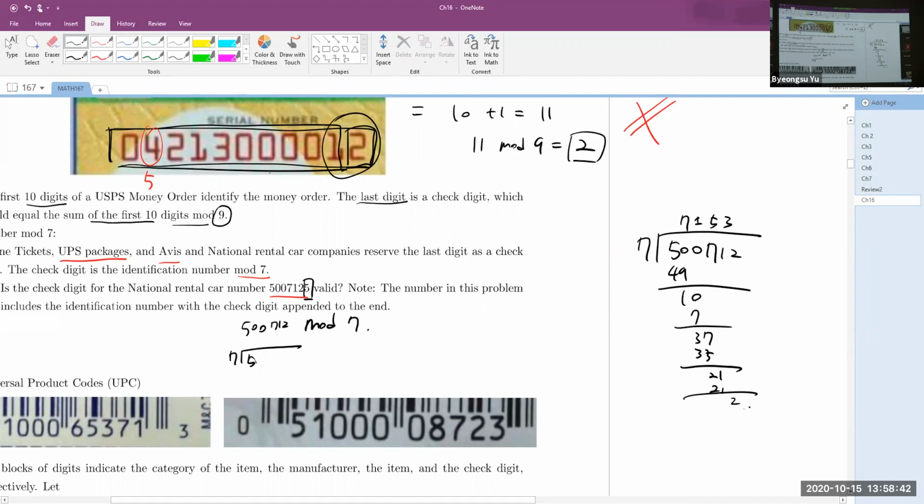So the remainder is just 2. But in this case, 2 is not the same as 5. So this is not a valid number, right?